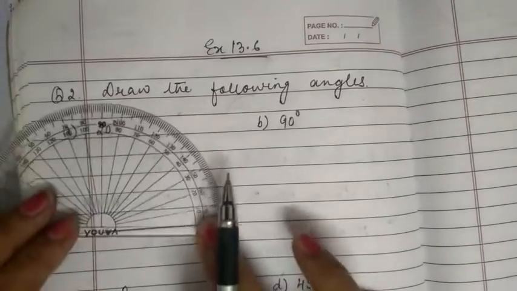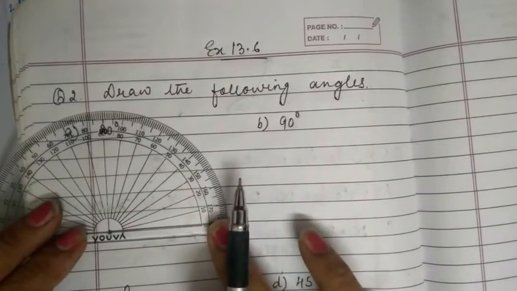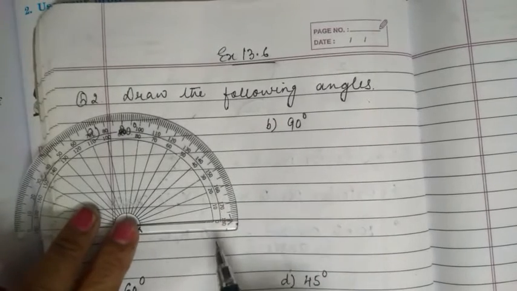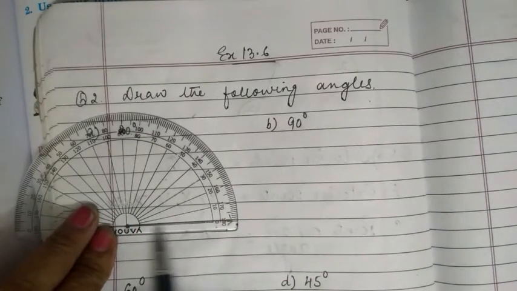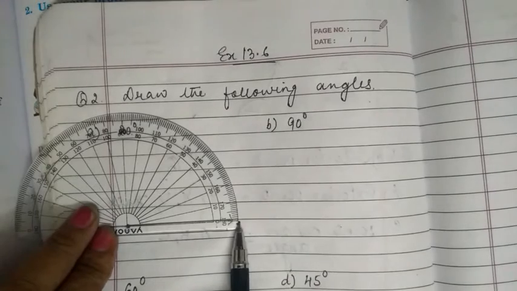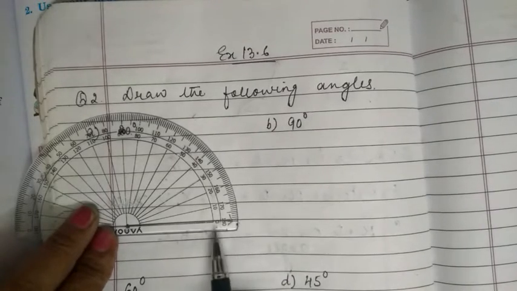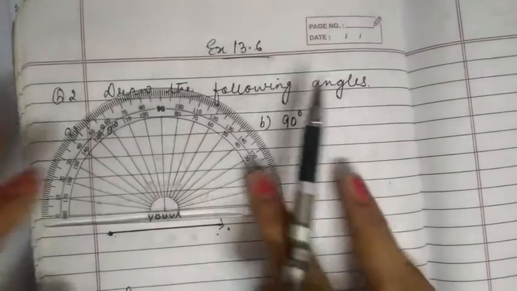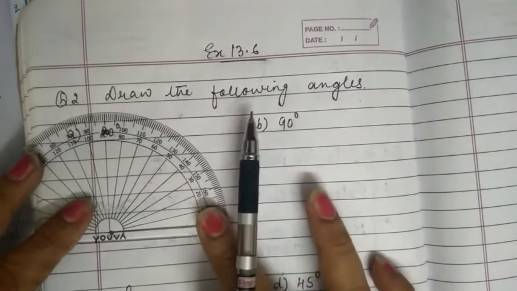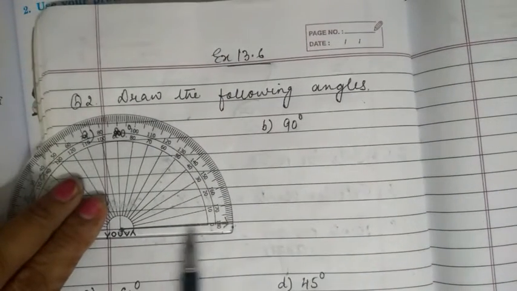Okay, now we will read our angle from this 0 because our baseline is going towards this side. Clear? So here we have two sides 0, this side and this side. So we will read from this side because our baseline is going towards this side.